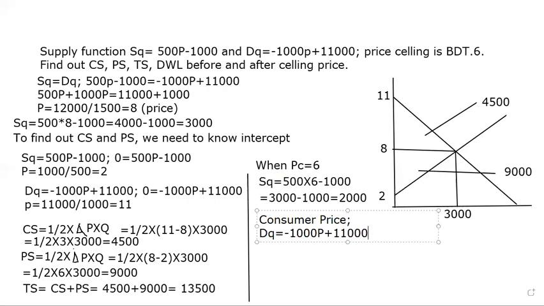It's our function here. So right now we can put quantity 2000 equals minus 1000 P plus 11,000.